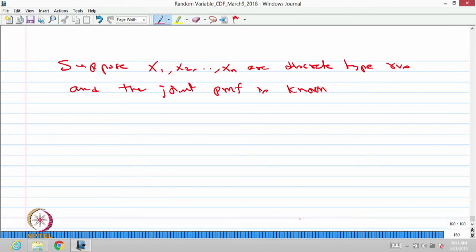Since we know the joint probability mass function of the xi's, you can directly write down the probability mass function of y1, y2 and yk's jointly.